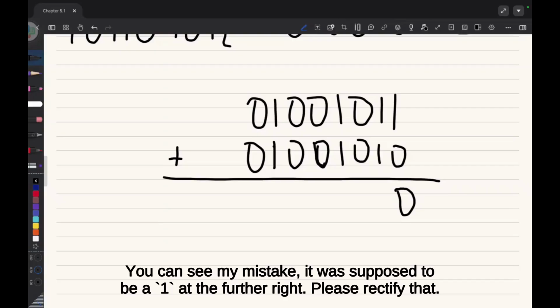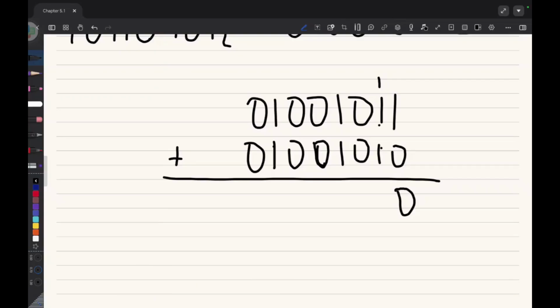So we write the last 0, and then we carry the 1. Now we add these two. They're going to give us a 1 0, so we carry the 1, and then we add the 1. We're going to get a 1. Then here we have 0 plus 0, which is 0, plus 1, which is 1.